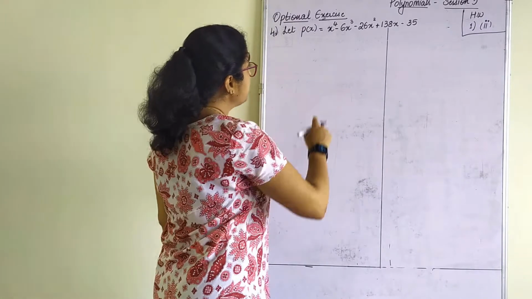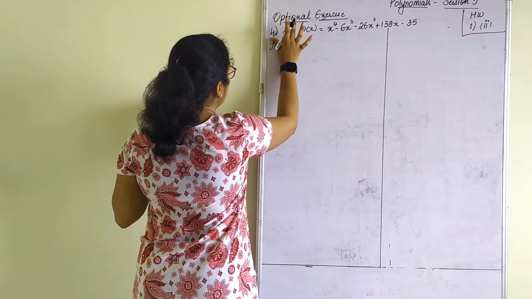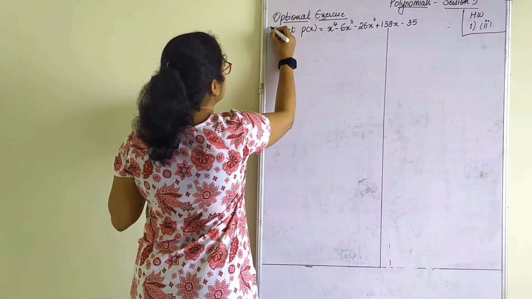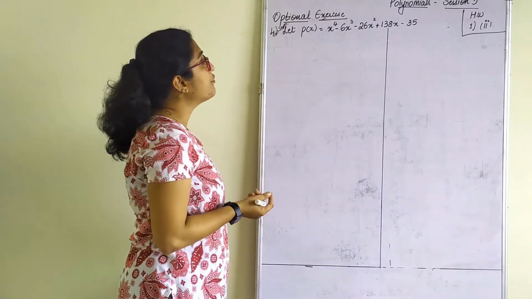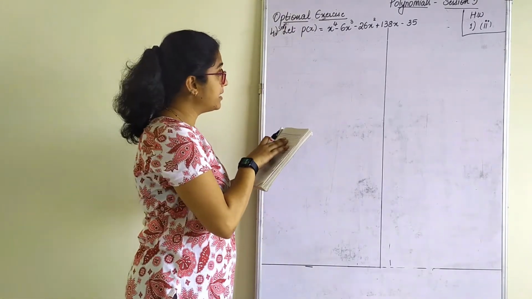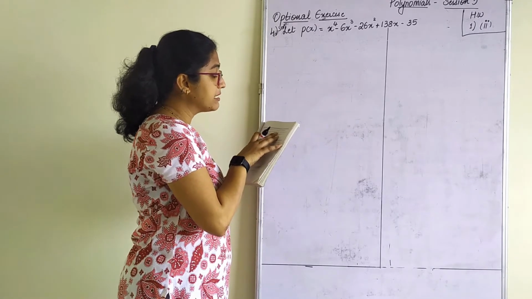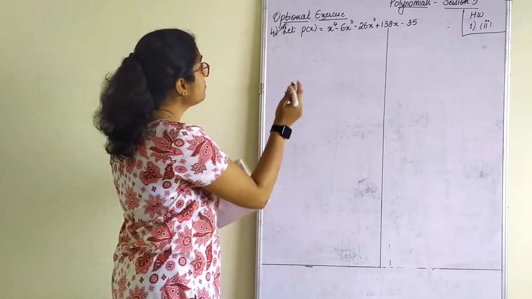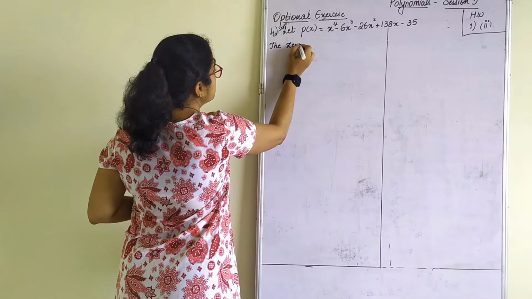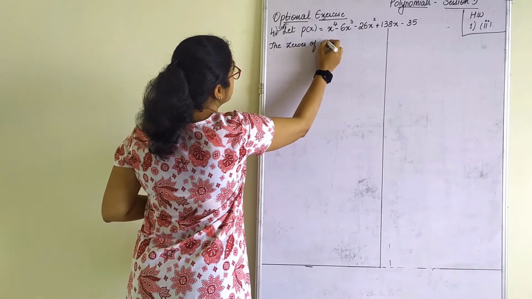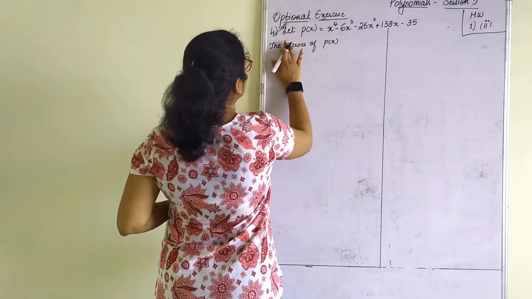That means let P of x be this polynomial. I write this in the solution. This is the solution only actually. Solution: let P of x is equal to x raised to 4 minus 6x cube minus 27x square plus 138x minus 35. The given zeros of P of x, why?